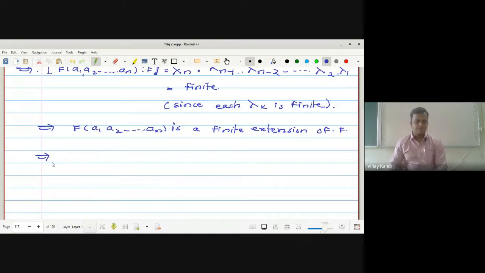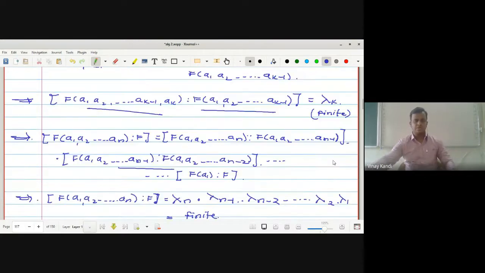So F of A1, A2 up to so on AN is an algebraic extension of F, by the previous theorem. Which one? This one.